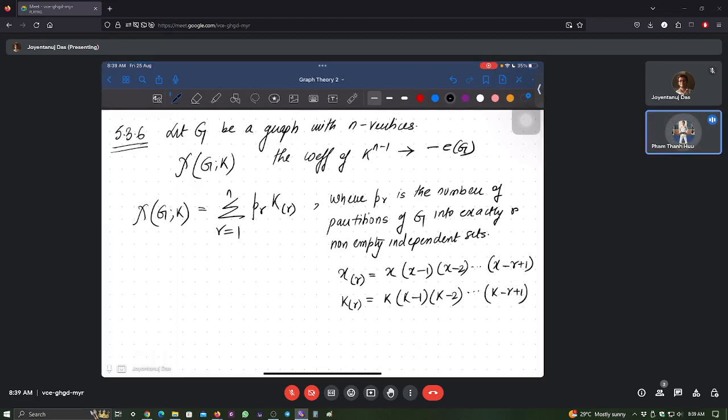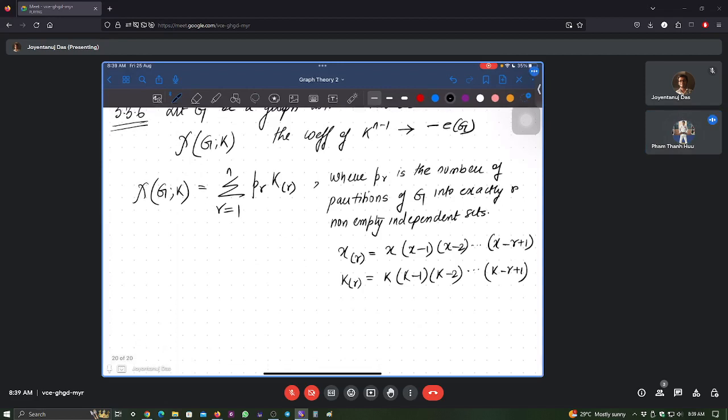Yes, that's the k_r, is it right? Yes, yes. In fact this comes from the k factorial we have, right? So k factorial divided by, if you note the last term, it is k minus r minus 1.